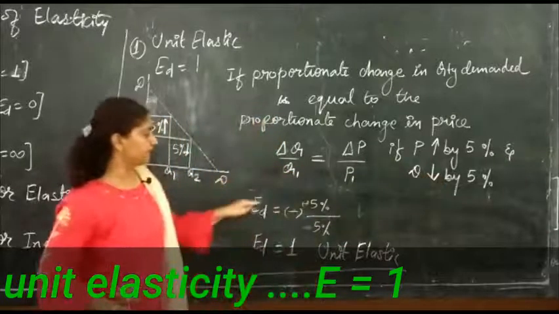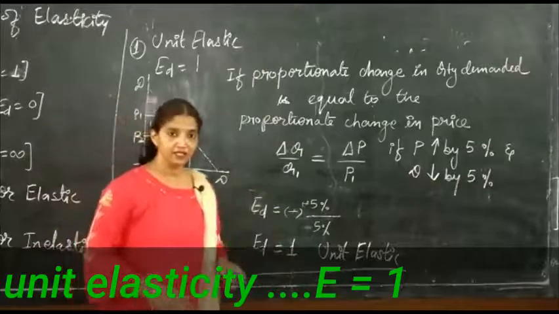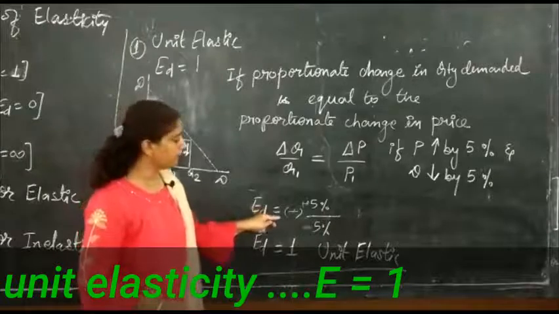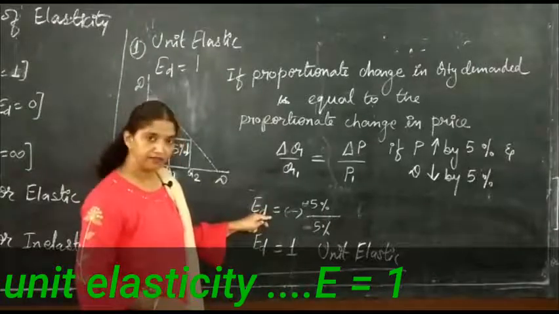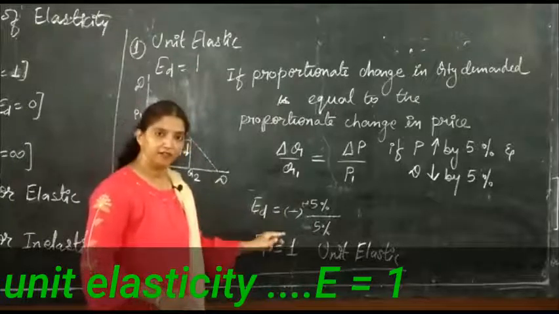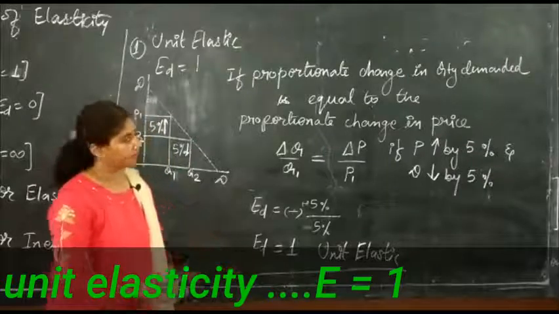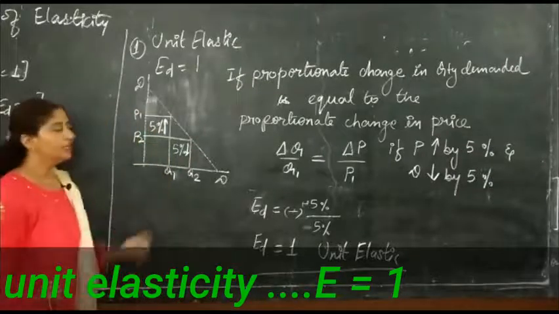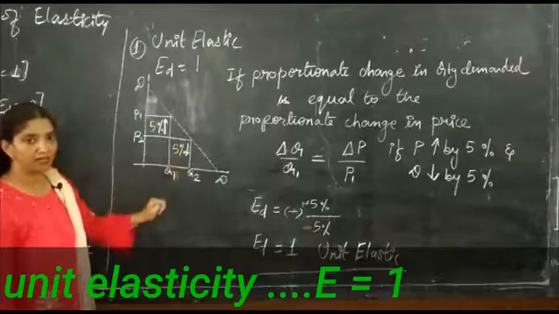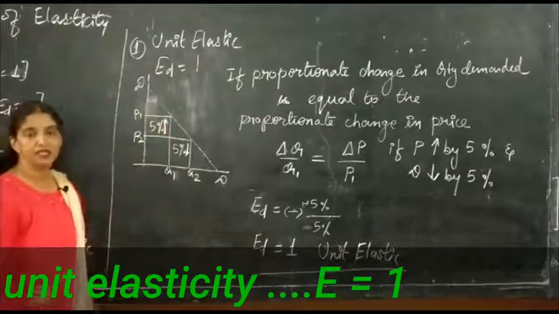Okay, by putting both of these values into our formula for elasticity, with a negative sign because there is a fall in demand, so we are using a negative sign: minus 5% divided by 5%, 5 to 5 will be cut and elasticity of demand will equal 1. Here we can say there is a 5% rise in price and 5% fall in demand. So on this demand curve, the elasticity of demand is equal to 1.